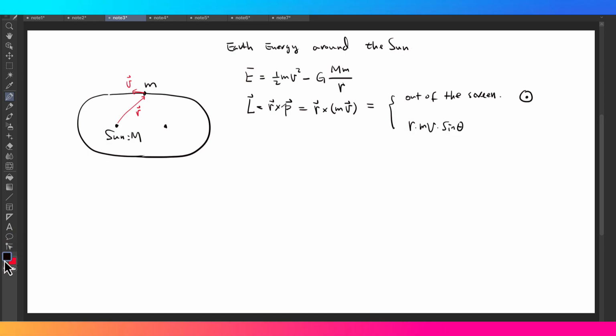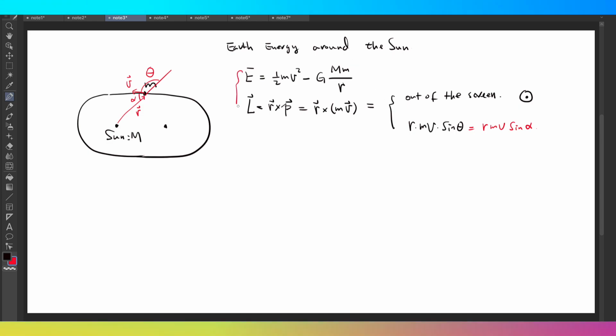Sine theta refers to this angle, the theta angle. You can also say this alpha angle, so m v sine alpha. They're equal. So that's the magnitude.